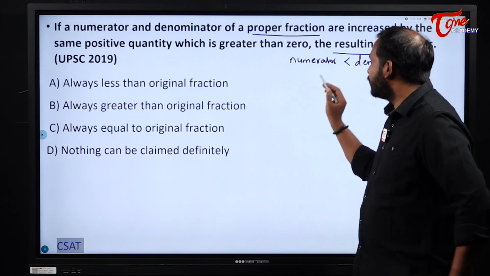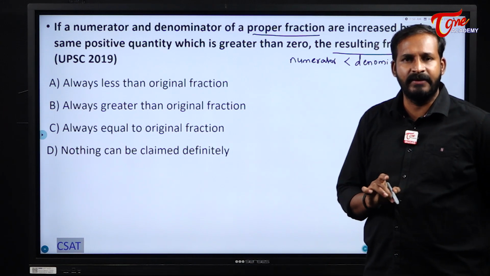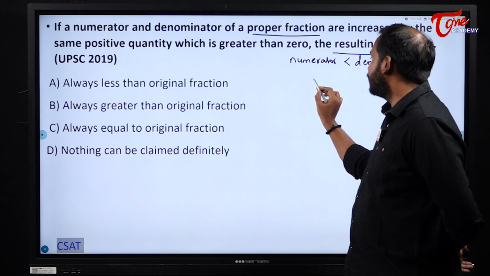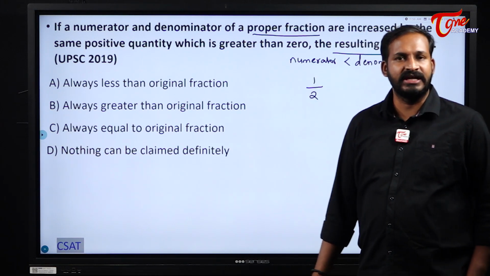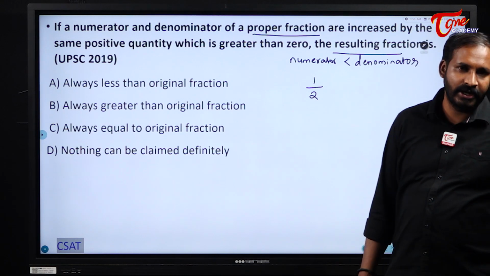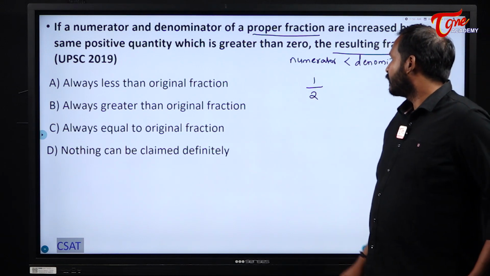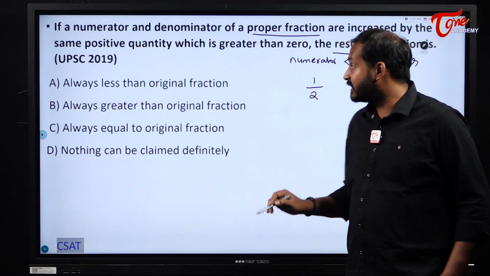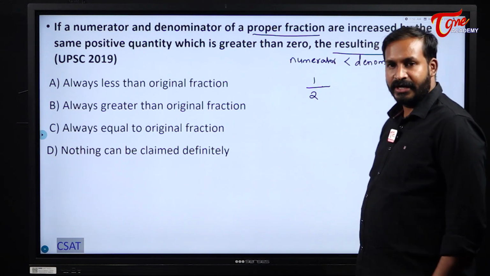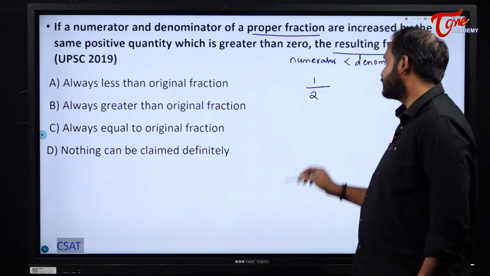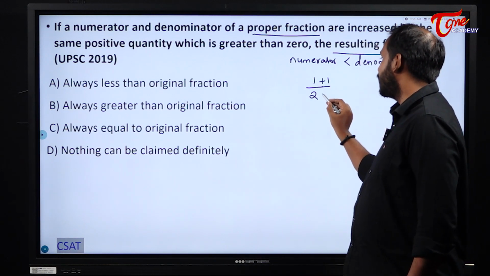Such types of fractions we call proper fractions. Right? Now see here, let us take one simple example of any proper fraction. This is up to you. For better understanding, I will take 1 by 2. This is also a proper fraction, right, students? Now I will add the same positive number to numerator and denominator. Let us add 1 to this and 1 to this.